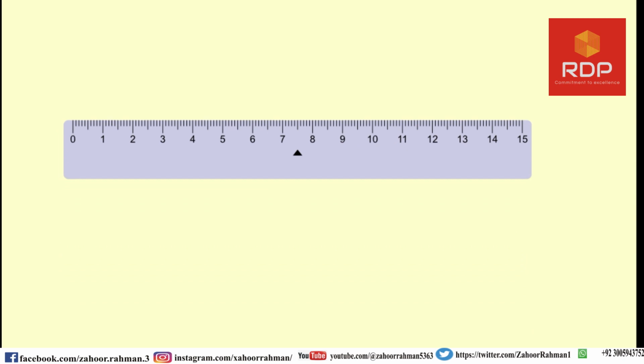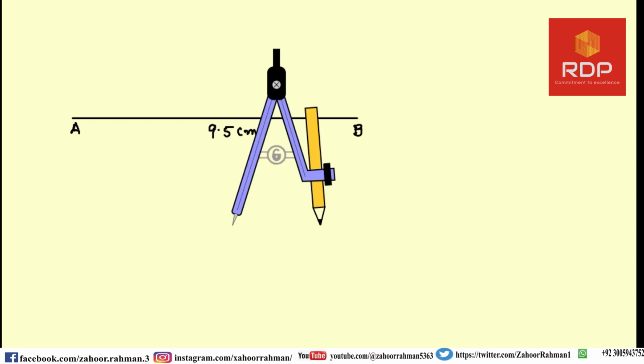First you can see that this is in centimeters, and we have to draw 9.5. Then we have to label it as A, B, and also write 9.5 centimeter.